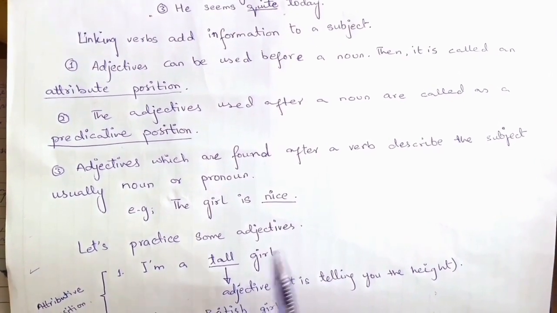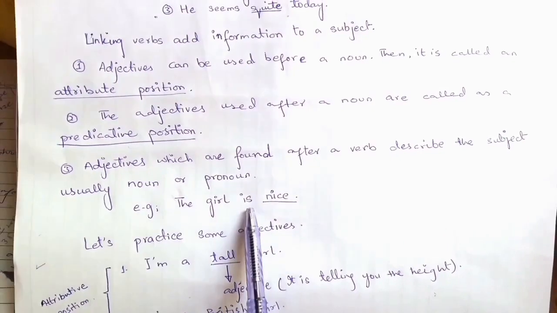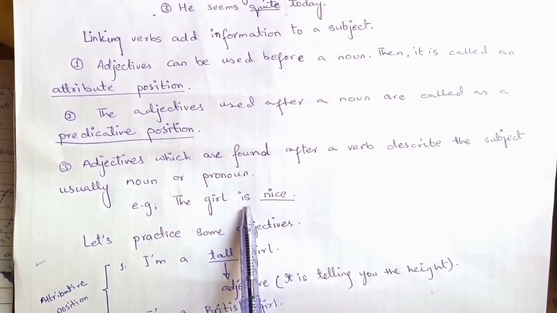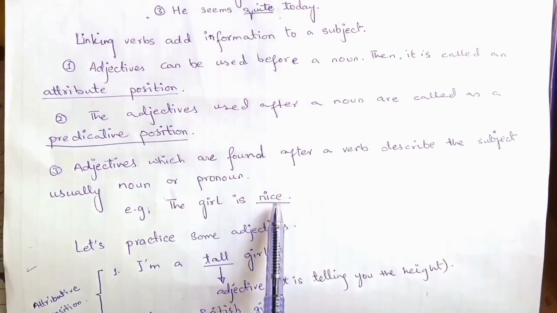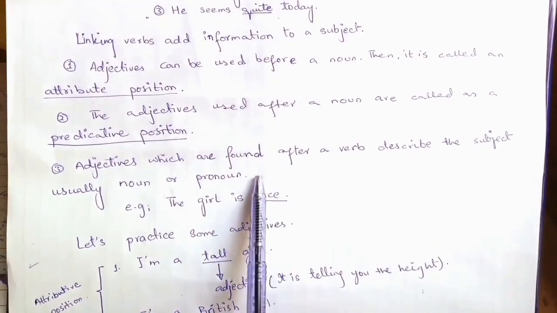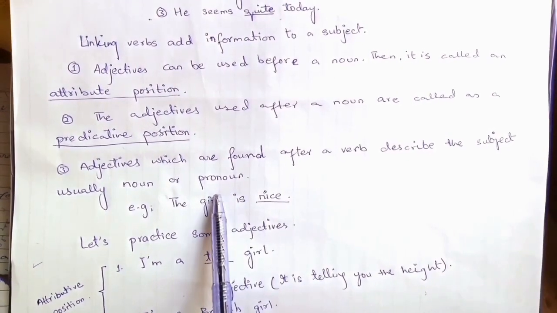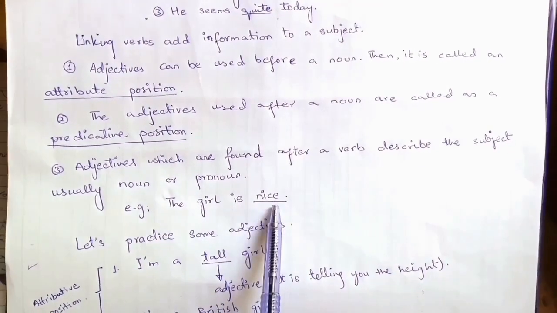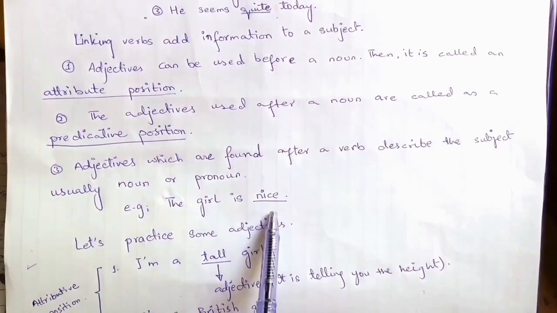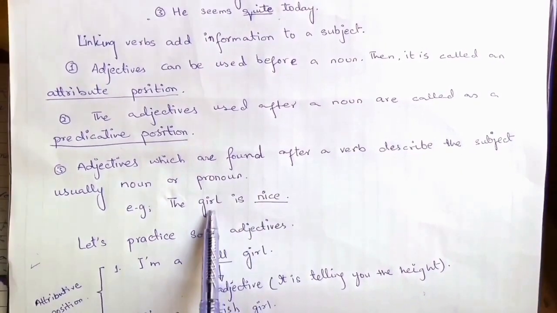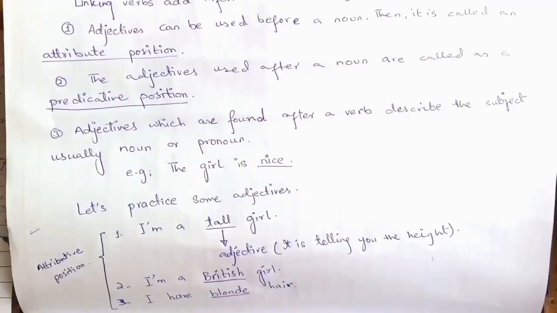Over here, girl is the noun, whereas is is an auxiliary verb. It is a verb, and nice is telling you the quality of a girl. So it is located after a verb. So it is describing the subject girl.